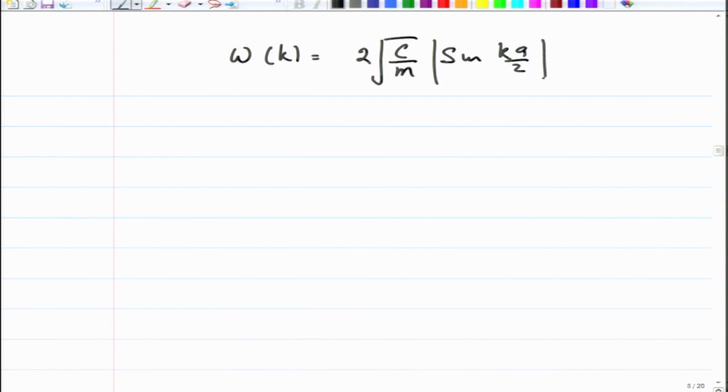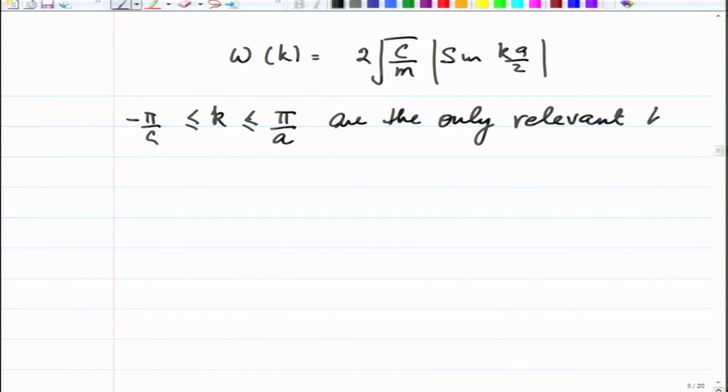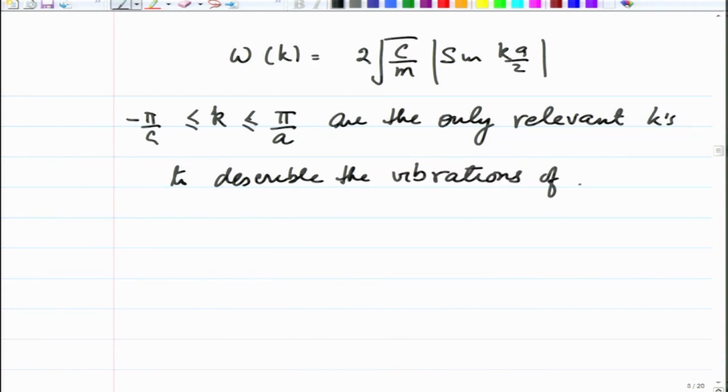If we say this, notice that k we are saying is minus pi by a to pi by a are the only relevant k's to describe the vibrations of a lattice. What happens if I go beyond pi over a? So, suppose I take, let me make this picture again.